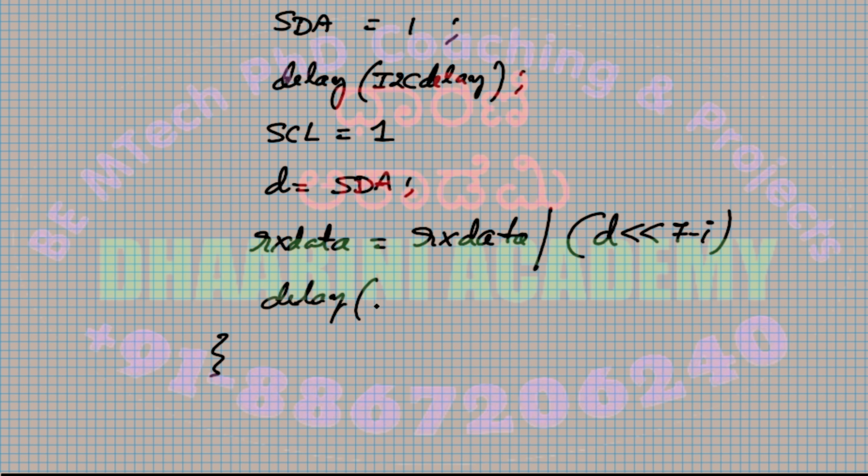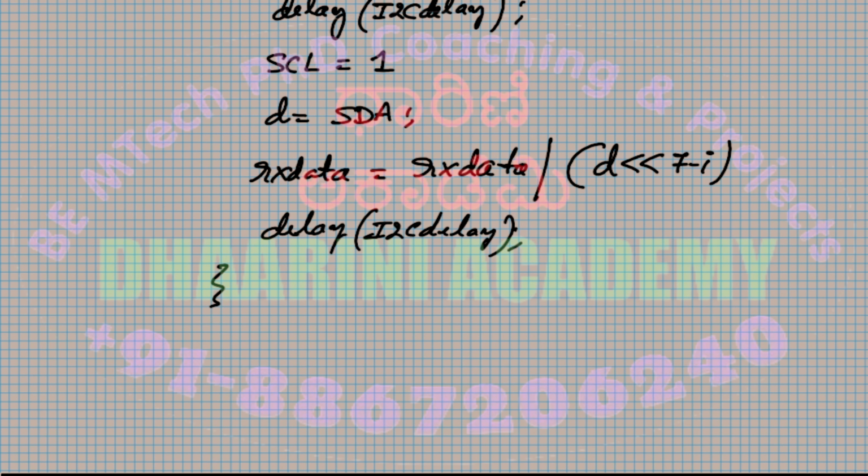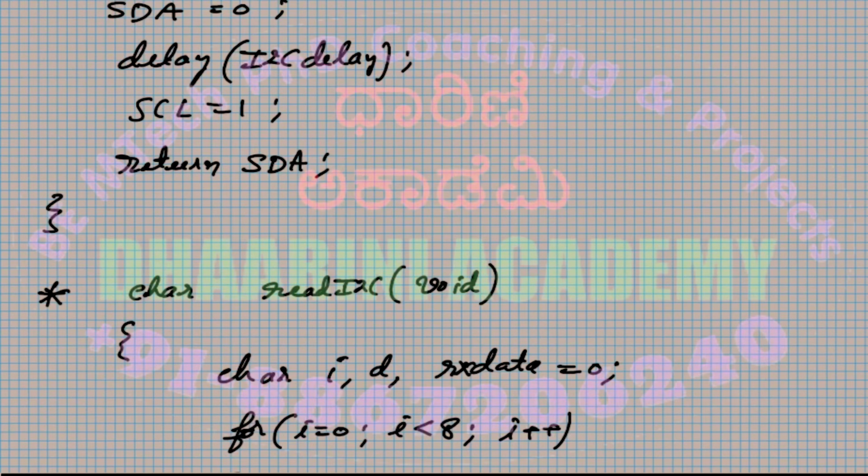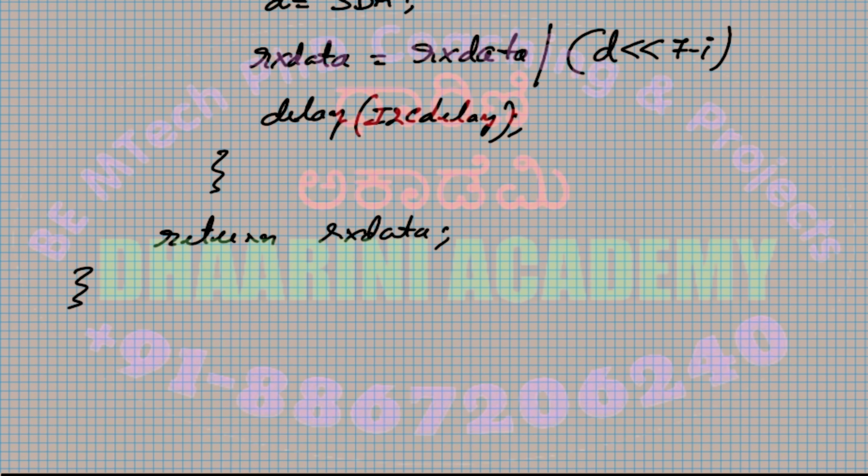So delay of I2C delay. Now you see your data is present in Rx data. So return Rx data. And close this. So that is the read I2C.